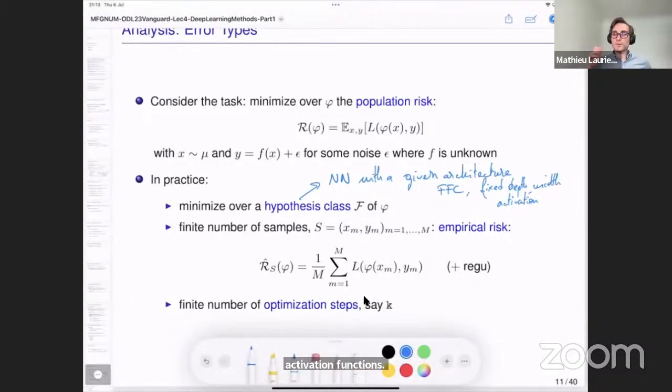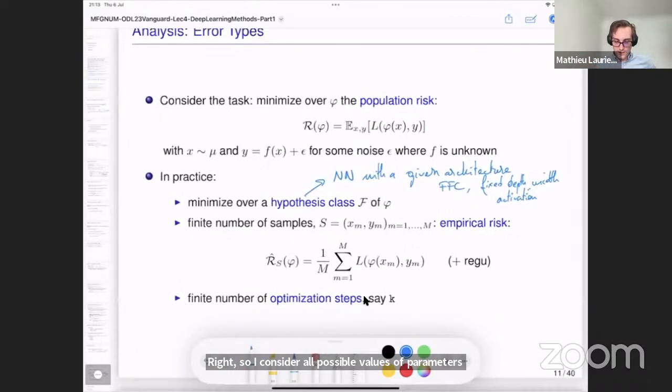Once I have determined the depth, the width, and the activation function, the only thing that is not known is the value of the parameters, right? So I consider all possible values of parameters, and this gives me a class of functions as functions of x.